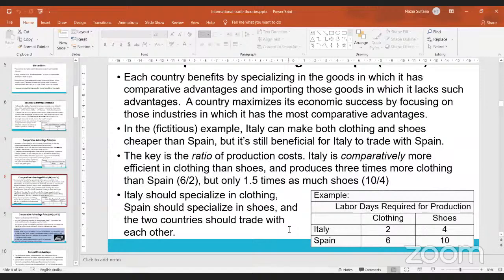There you will decide, in case this country has a specialization in production of cloth, what amount you are spending in production of cloth.